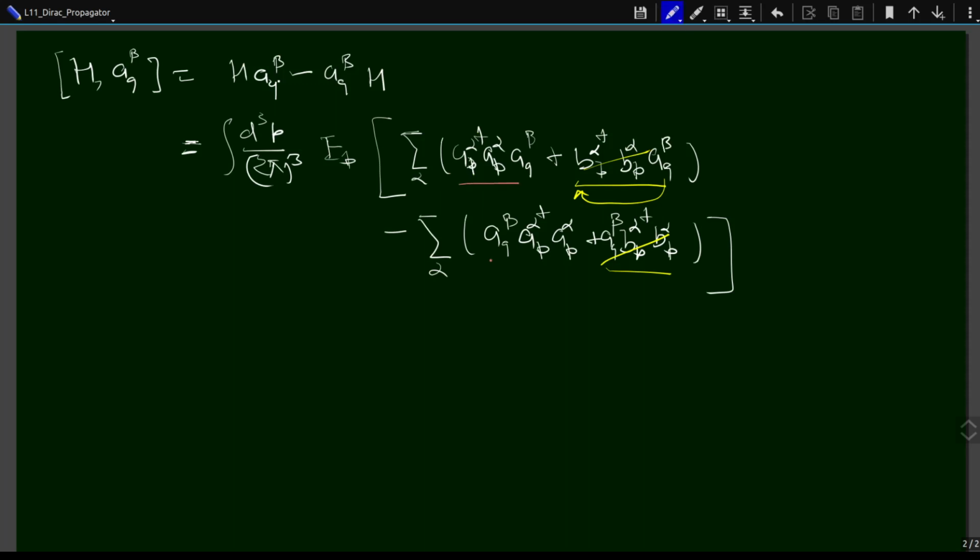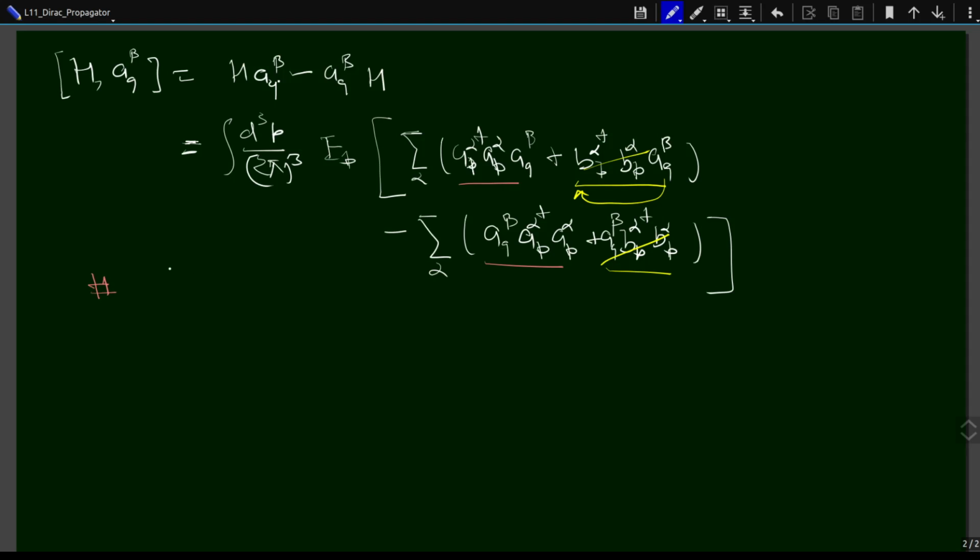In order to write those two terms over here, I have to bring a_q^beta to the leftmost, or in the second term a_q^beta to the rightmost.